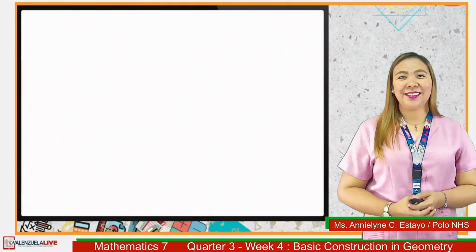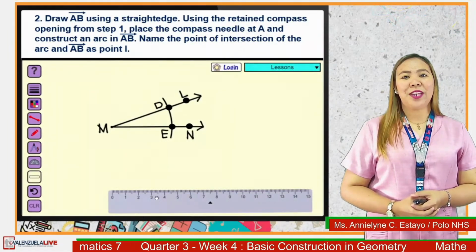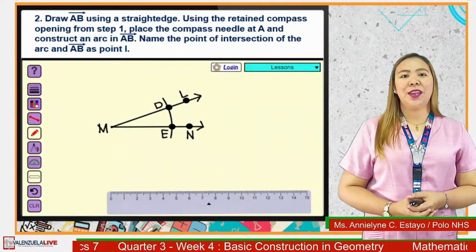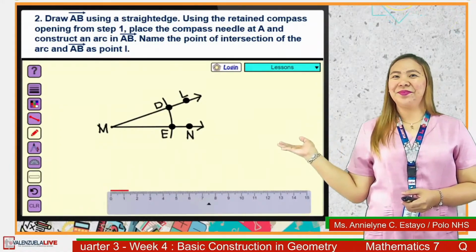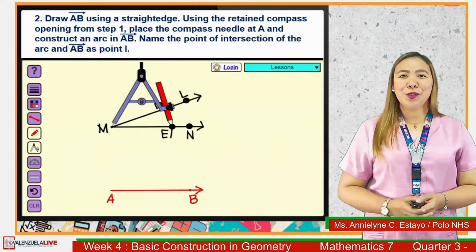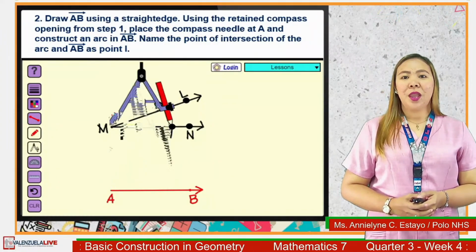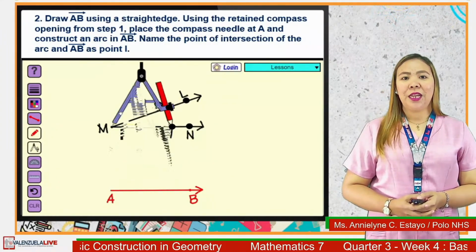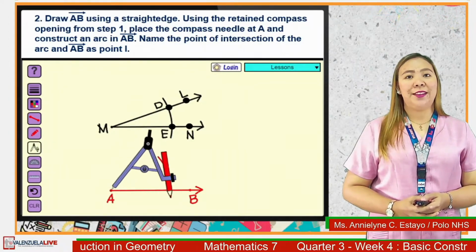Next, draw ray AB using a straight edge as shown on the screen. Using the retained compass opening from the previous step, place the compass needle at point A and construct an arc in ray AB.